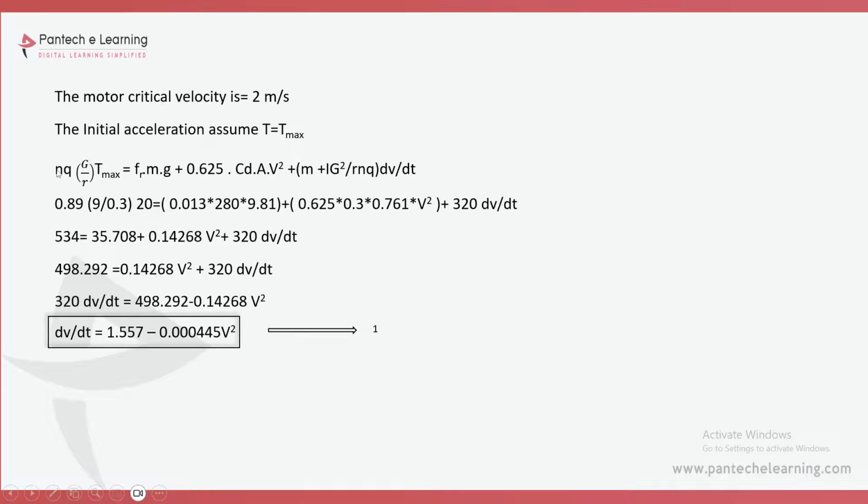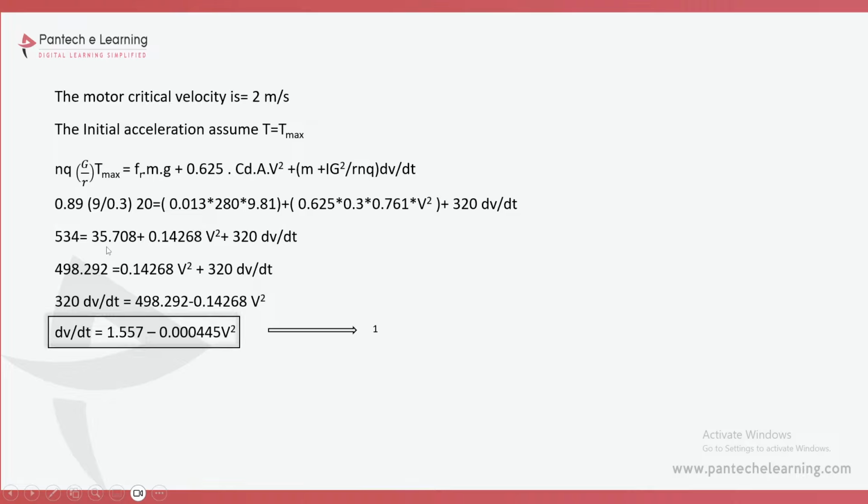This is the efficiency formula: efficiency, G gear ratio, R tire radius, T max. These terms come from rolling resistance and aerodynamic drag, along with the angular acceleration formula. We substitute the angular acceleration formula and the values, then simplify by multiplying and dividing, and I can get 354.